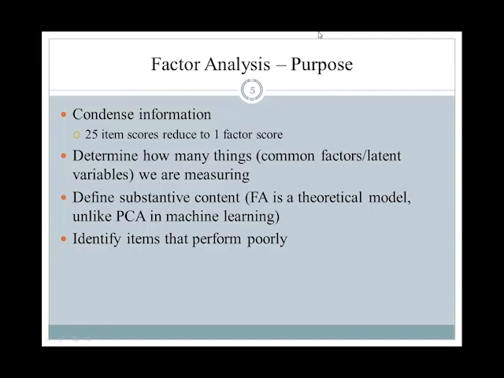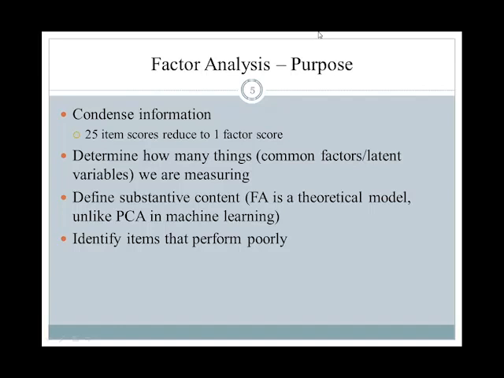For those of you familiar with machine learning, principal components analysis is a procedure in machine learning, and it's very similar to factor analysis, but PCA is atheoretical. It's just a predictive model, and it doesn't care what your items are. So you can put any kind of item or variable into your PCA. They don't have to be related to one another.